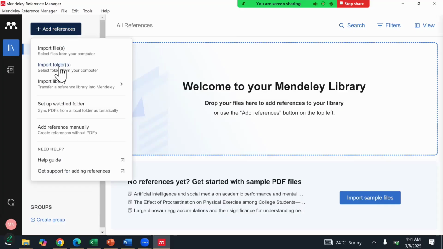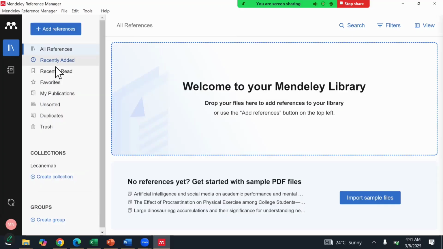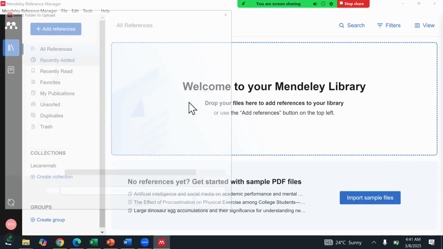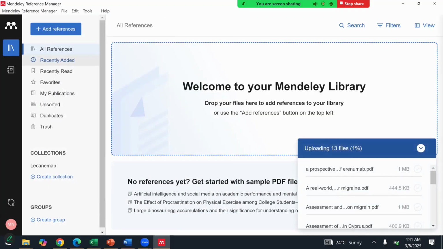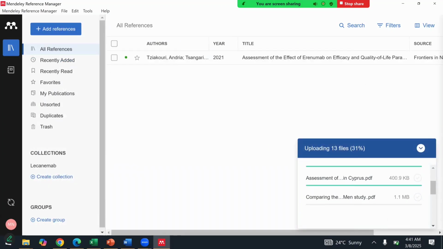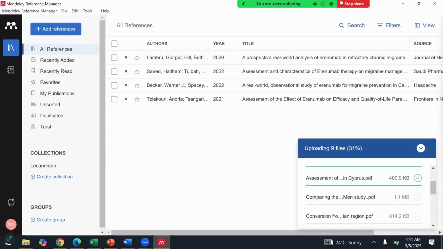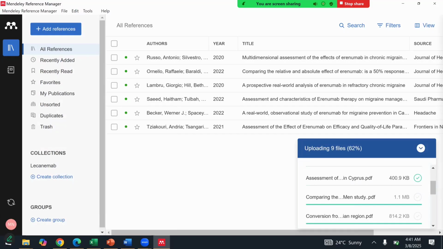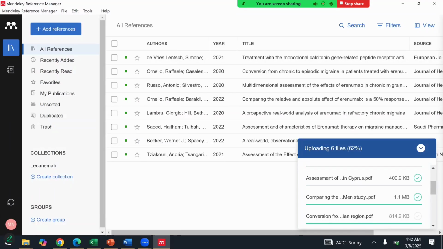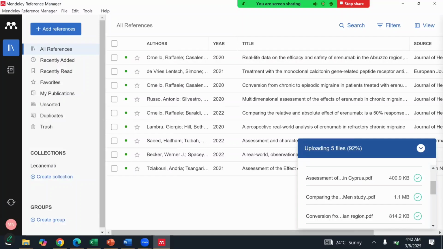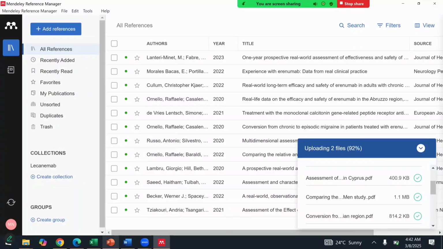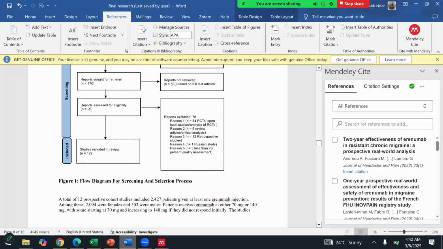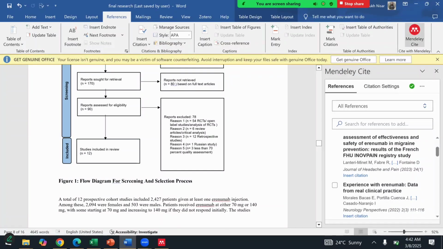So let me do it again, import folder. So you would have all your articles uploaded on here. So these are the articles. Now you would go to the Word and you would have all your articles here.